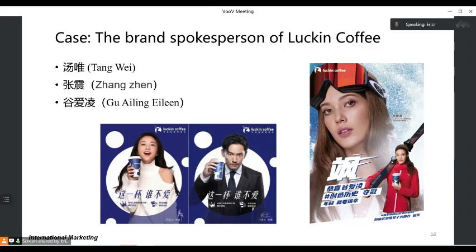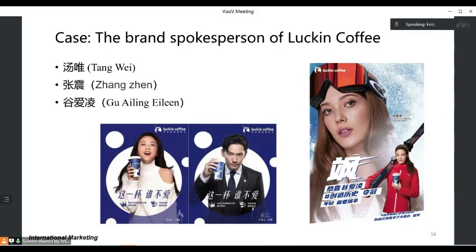different celebrities to endorse their brand to attract the young generation. In the beginning they just invited these two, Tang Wei and Zhang Zhen, who are movie stars.